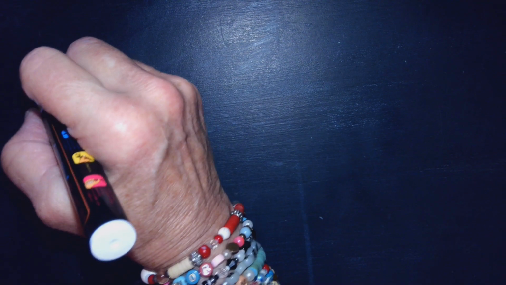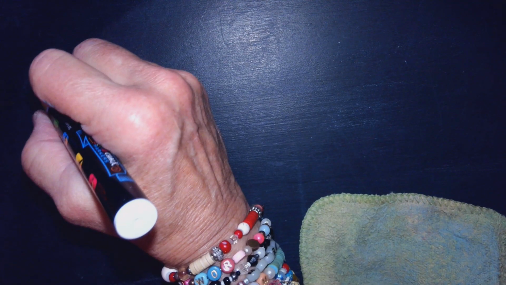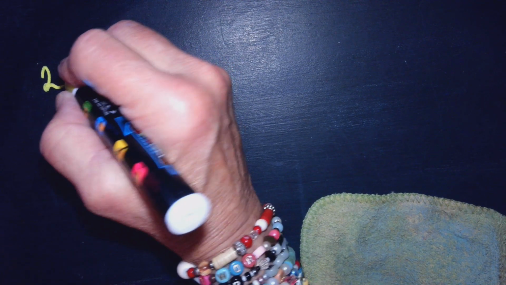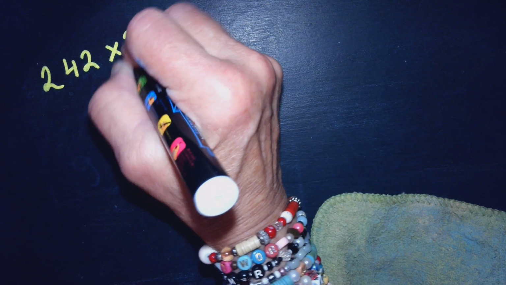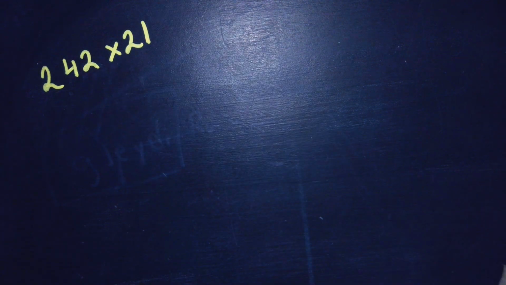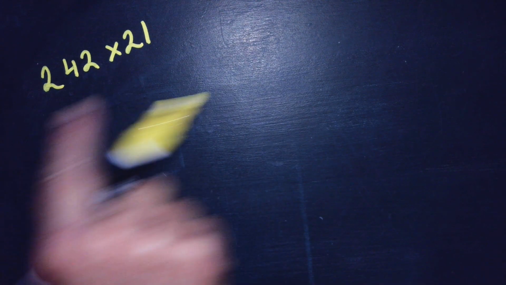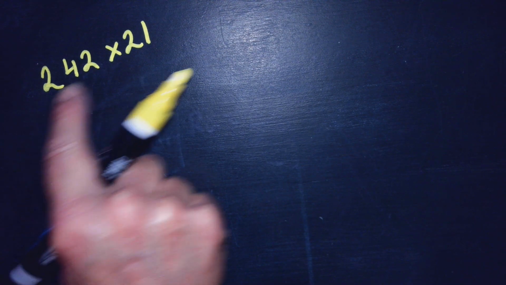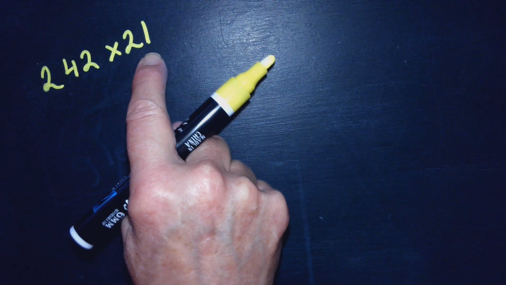The next problem is going to be a 3-digit number times a 2-digit number. It's going to be 242 times 21.